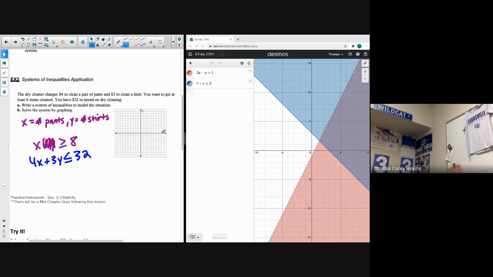It's going to be right there. Same thing for the y-intercept. Plug in 0 for x, so we get y equals 8. So it goes through 0, 8 as well. And then your boundary line is solid because it's or equal to. And we would want to shade on this one on the high side because it's greater than or equal to.